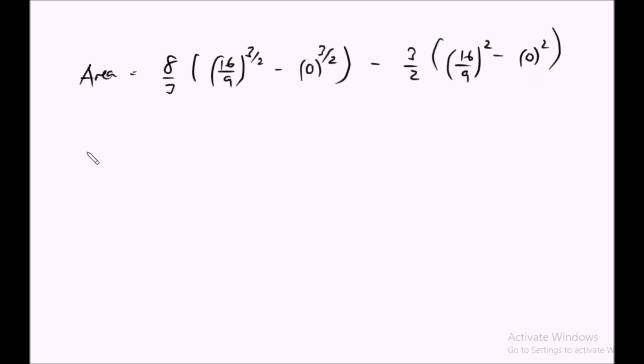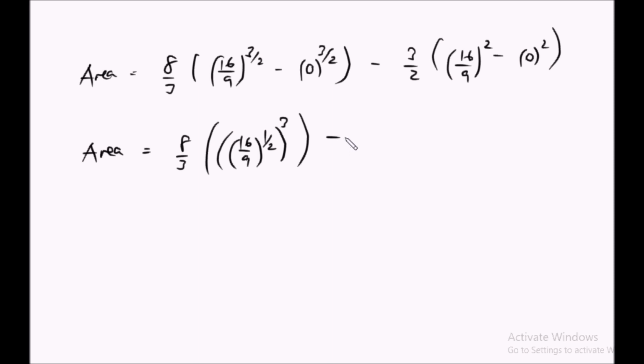So 0 power n is 0. So the area now is going to be equal to 8/3 times 16/9 power half then power 3, so 0 there we leave out, minus 3/2 times, 16 squared is 256, and then 9 squared is 81. There.